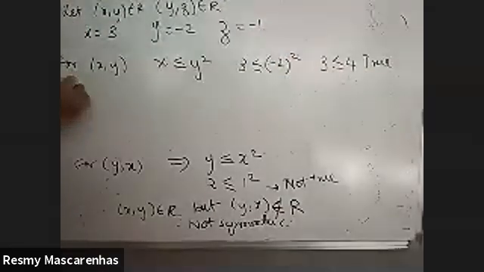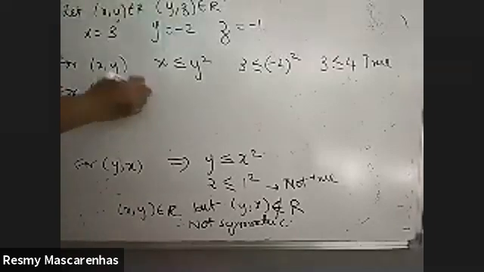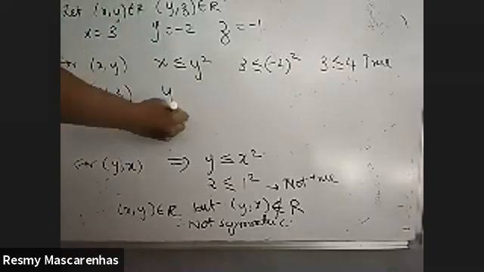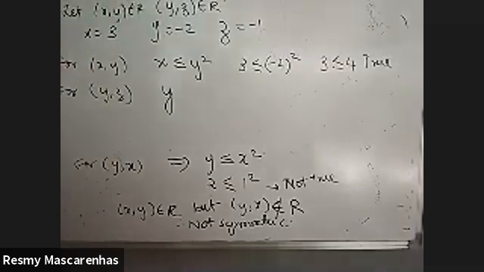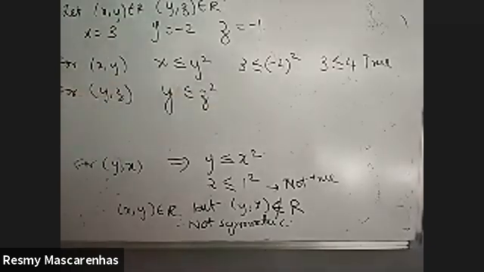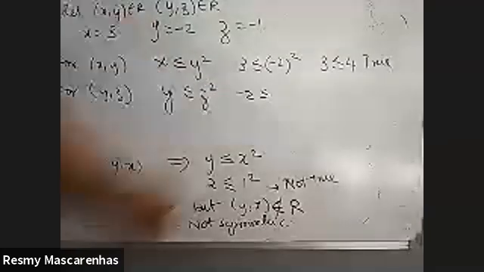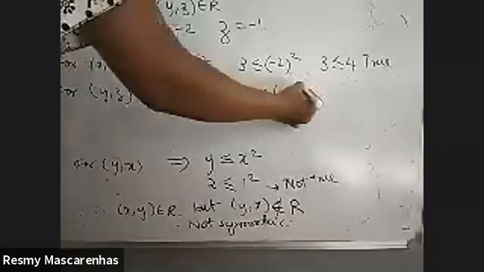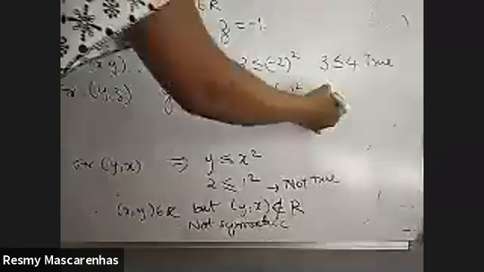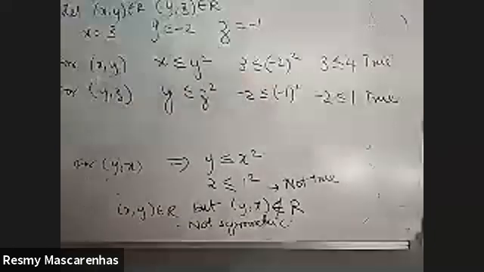Then we'll check for y comma z. As per that formula, you will get y is less than z square. So now put the values. -2 is less than 1. So obviously -2 is less than 1, so that is true.